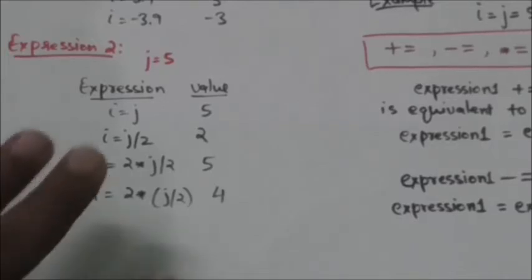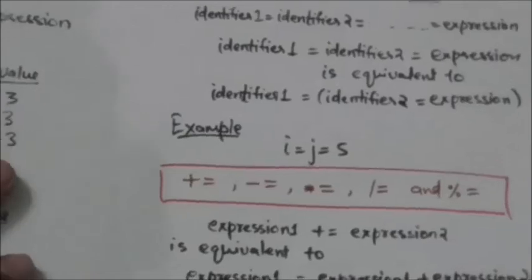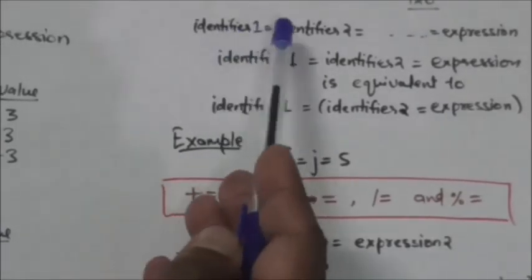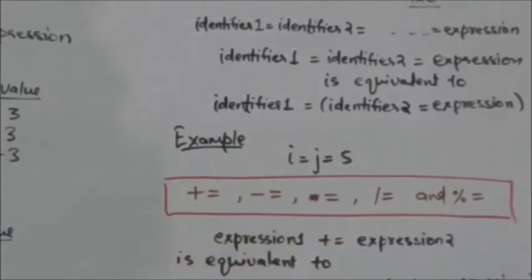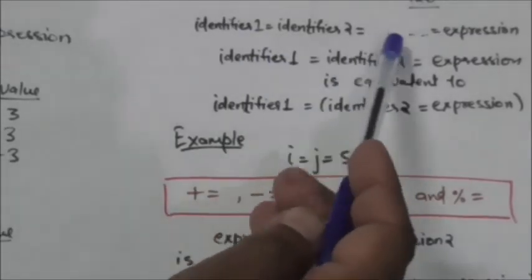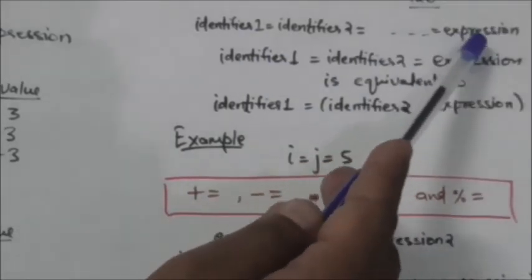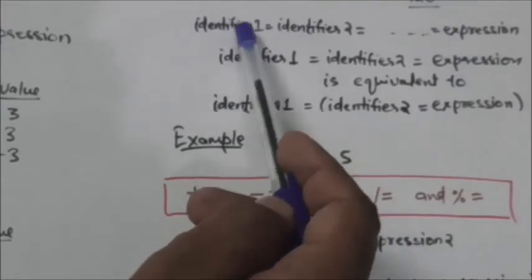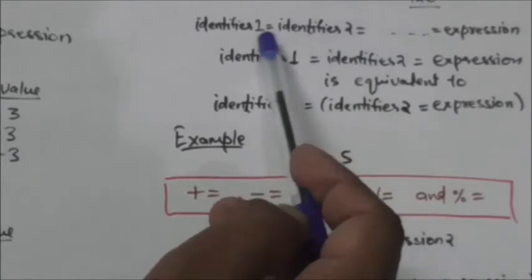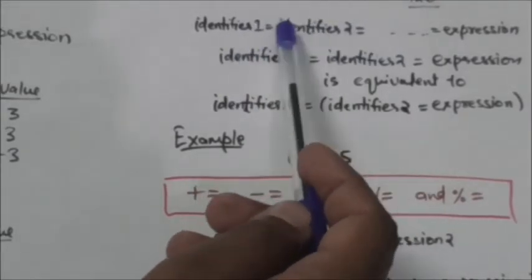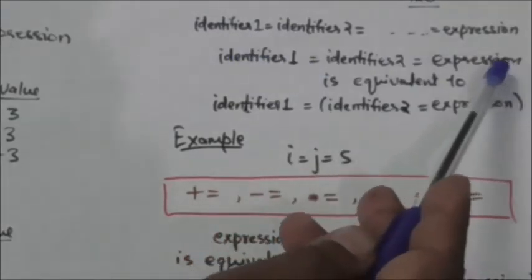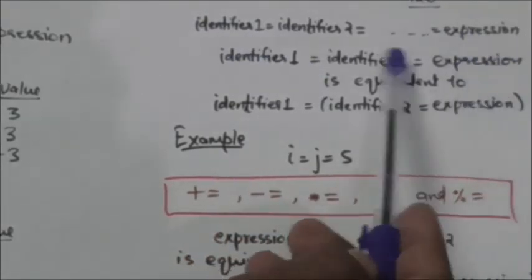Now let us see multiple assignments of this form: identifier 1 is equal to identifier 2 is equal to, and so on, is equal to expression. Multiple assignments of this form are permitted in the C programming language. In such situations, the assignments are carried out from right to left.